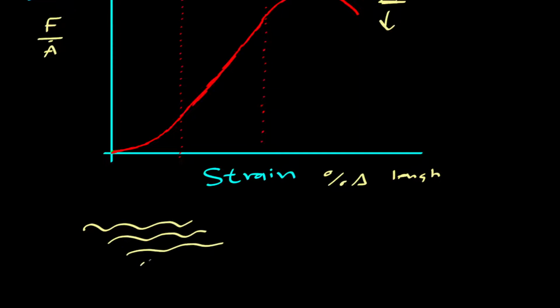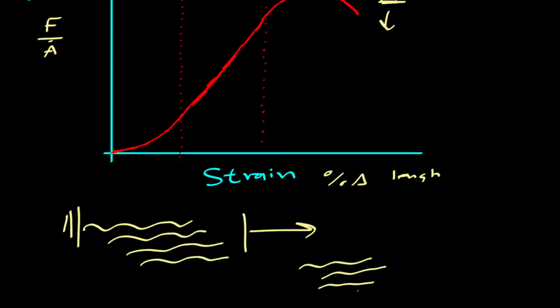And the explanation for where this toe region comes from is when you start pulling on a tendon, let's say it's secured over here, right when you start, you'll only be stretching out maybe just this one wavy collagen fiber. So here's the other collagen fibers, and then you stretch just this one out and it becomes taut.